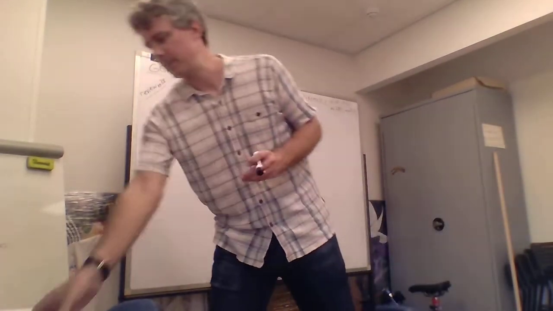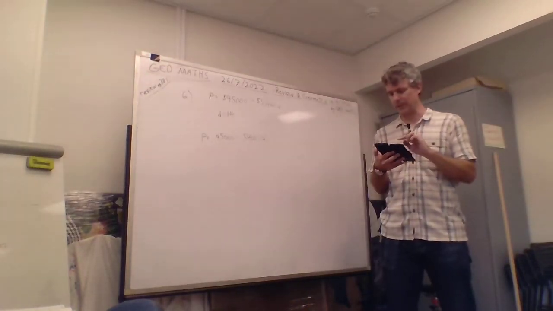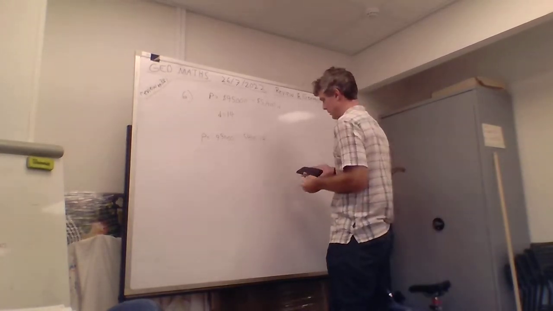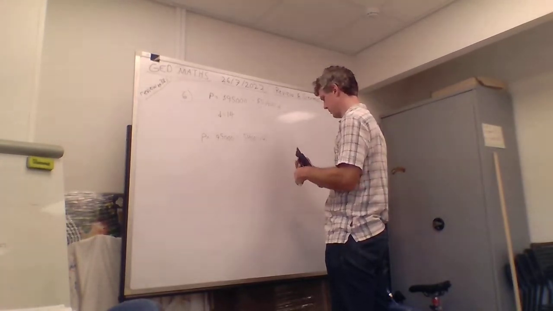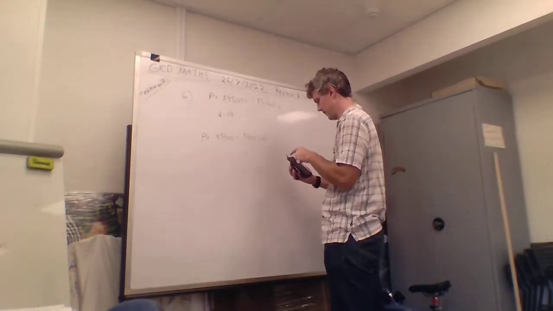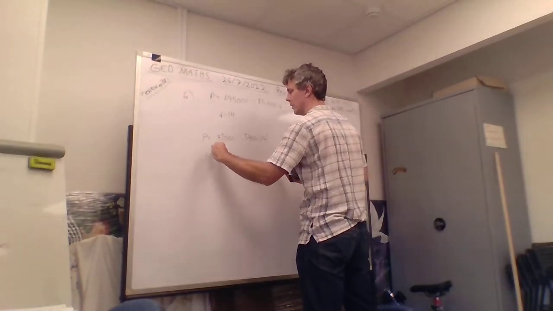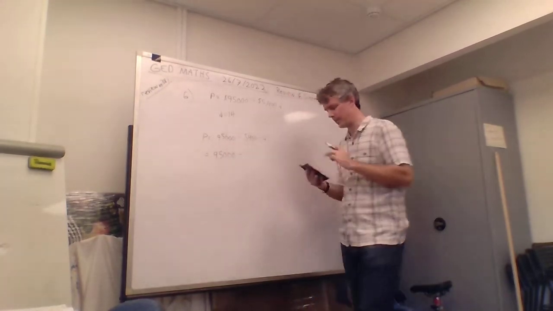I'll do it one at a time, piece at a time. First we'll do 5,400 times 14. So that I get is 75, 680,000 minus what?